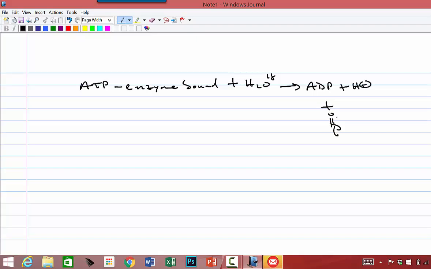So this is what he did. He took ATP that's enzyme bound plus H2O, and then he was actually able to create ADP plus the proton plus, I'm going to write out the inorganic phosphate here, inorganic phosphate that had a single oxygen that had O18 in it.